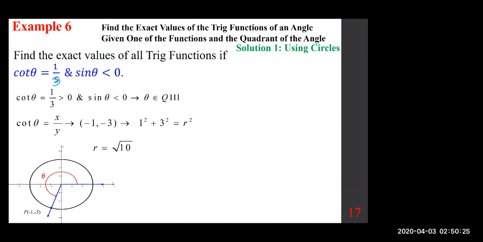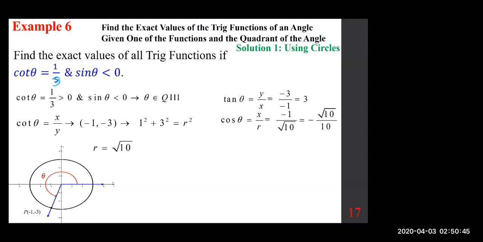We just have just about everything. So obviously the first easy one would be tangent, which is 3 over 1, or simply 3. That one is out of the picture. Cosine is x over r, and sine is y over r, and the rest are reciprocals. Tangent, that would be a quick one.